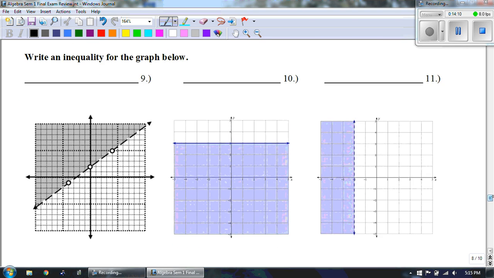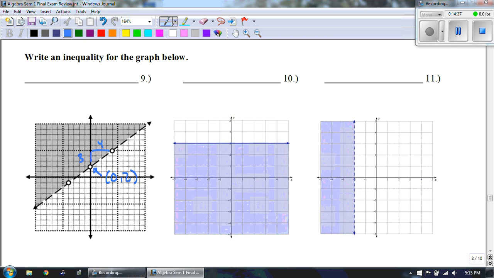Okay, last ones we have to write an inequality. Number 9, I know it's a diagonal line, so I need an x and a y. Our y-intercept right there is at the point 0, 2, and my slope is going 1, 2, 3, up 3 over 4.